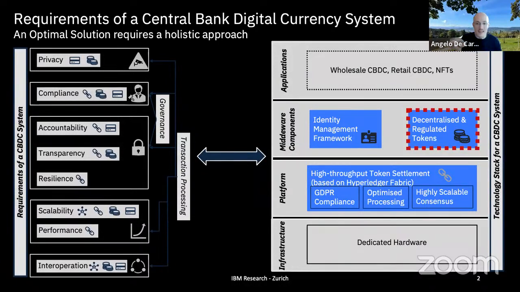So the token SDK sits at the middleware component. It talks with the platform, so with the backends, to have the operations settled and to retrieve information from the backend as needed, and it offers an API to the application layer in order to perform token related operations.